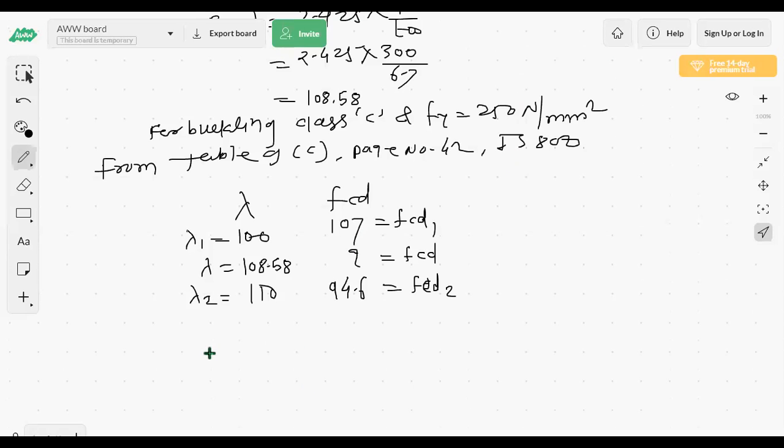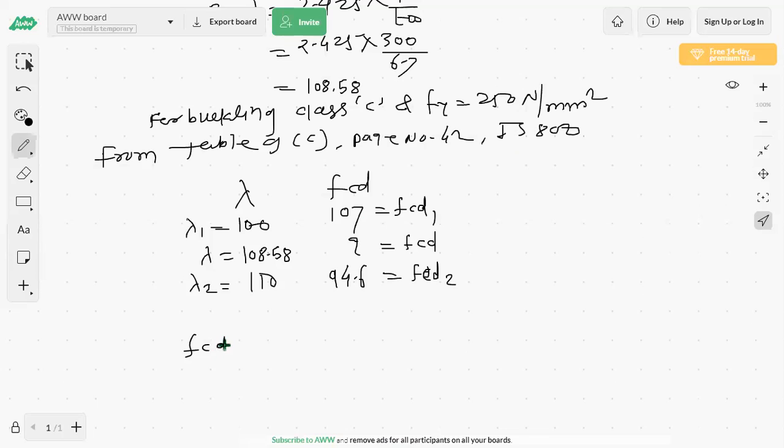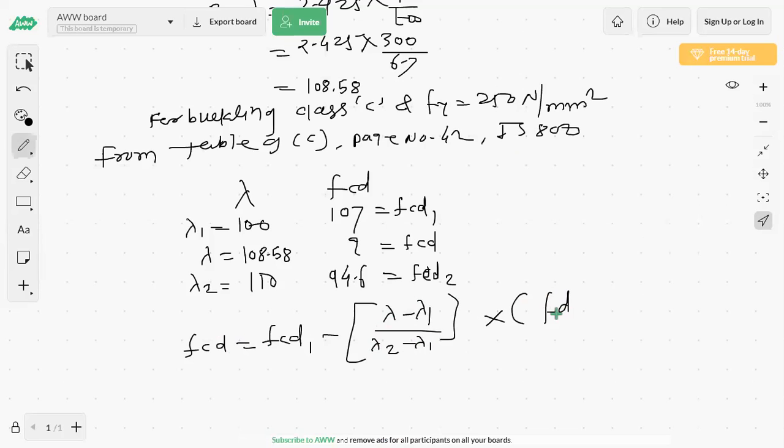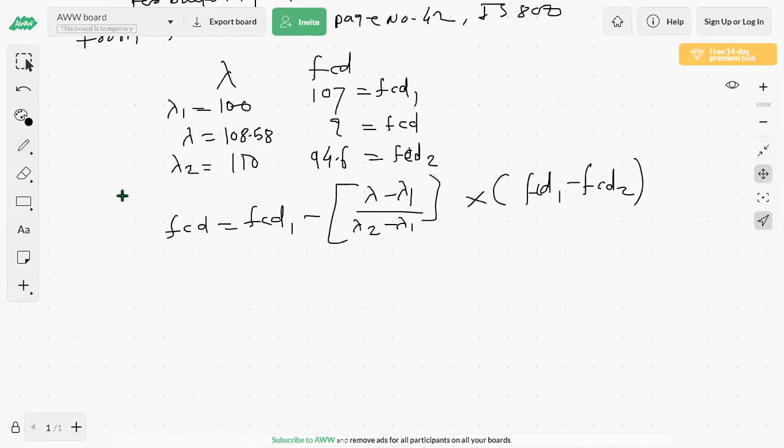Now by interpolation calculate the FCD value. FCD is FCD1 minus (lambda minus lambda 1) divided by (lambda 2 minus lambda 1) into (FCD1 minus FCD2). This formula should be kept in mind; you have to write this very fast.